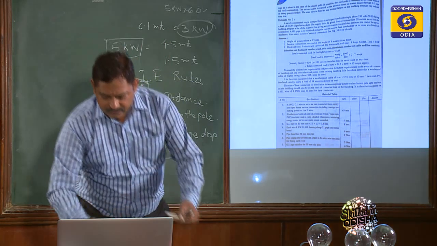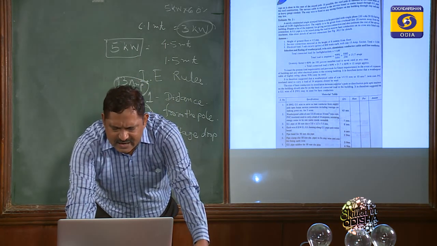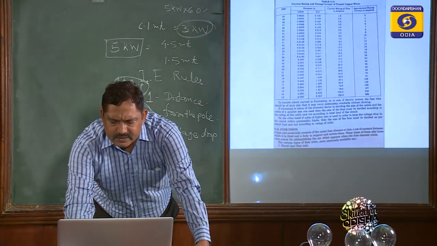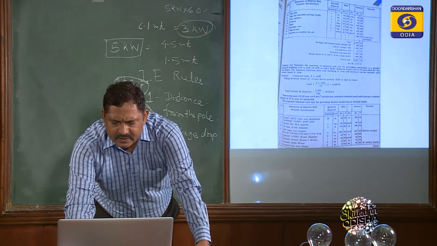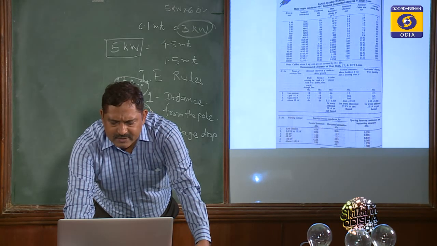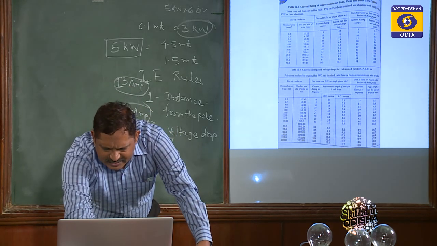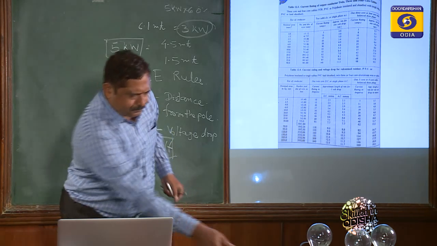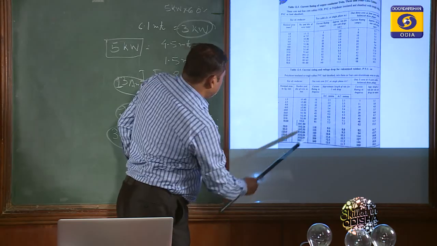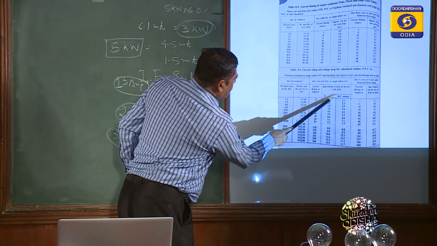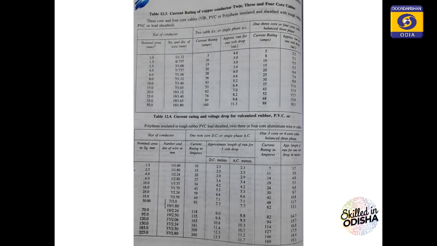If you go to the cable sizes table, you can find that a 10 mm square cable will take 34 ampere, and the approximate length of run for 1 volt drop is 4.2 meter.